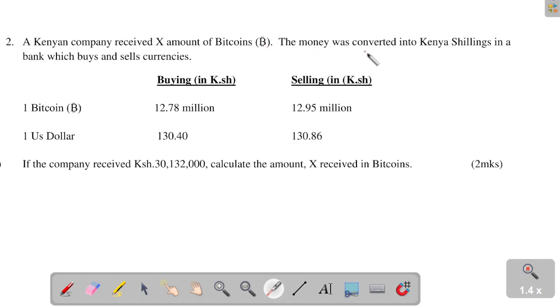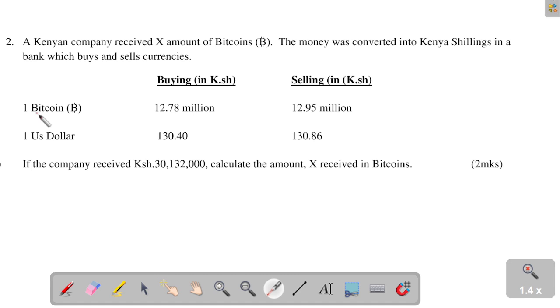Then the money was converted into Kenya shillings in a bank which buys and sells currencies, because we can have it as a bank or as an agent who sells foreign currencies. So column number 1, we have the rate of buying in Kenyan shillings, and column number 2, we have the rate of selling in Kenyan shillings.